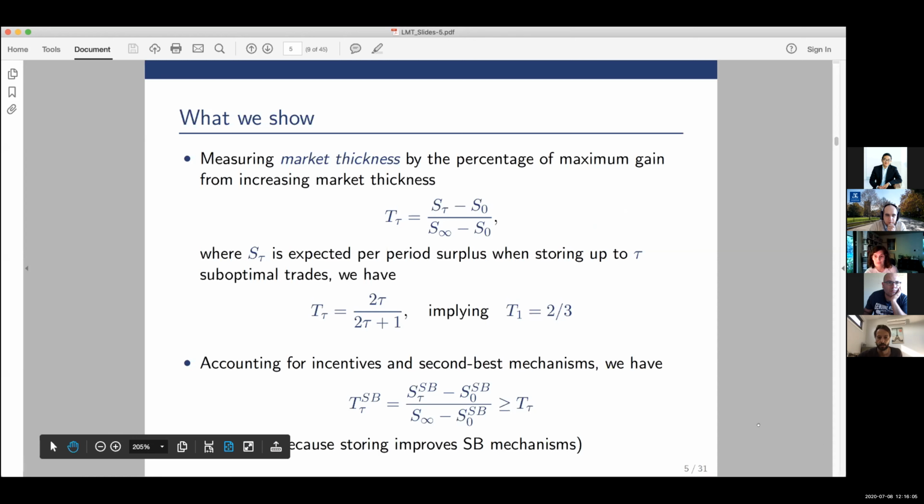This is really done for simplicity. If these deltas were different, everything that we do is still going to be true, except that you're going to have two different threshold values depending on what kind of suboptimal pair you're storing.